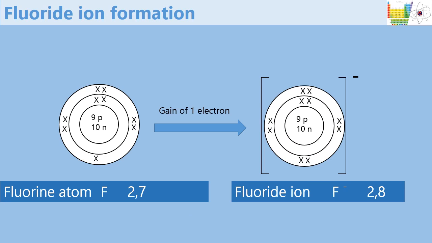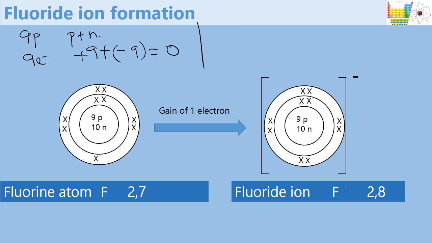It has square brackets and the charge is negative. When you look at the fluorine atom, again, it has 9 protons and 9 electrons. Therefore, the overall charge is the charge for the protons plus the charge for the electrons, which gives us 9 plus negative 9, which is 0.